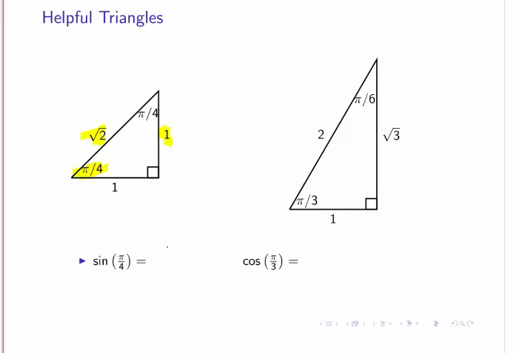And this would give us 1 over the square root of 2. Using the triangle on the right, if we wanted to look at, say, the cosine of pi over 3, then we choose pi over 3, and then the cosine would be the adjacent over the hypotenuse. And we write that as 1 over 2, or a half.